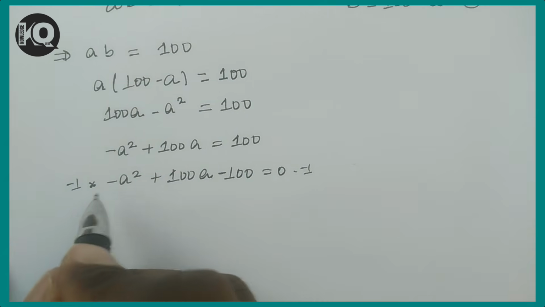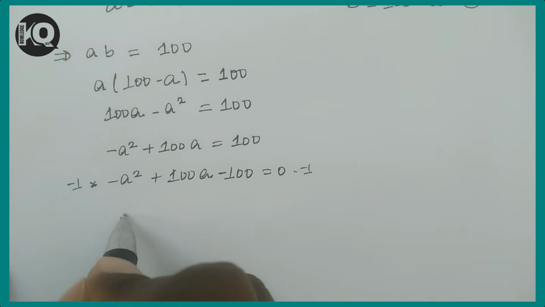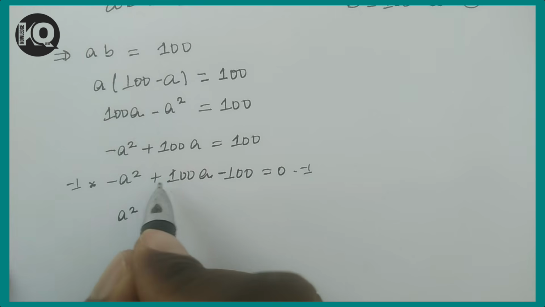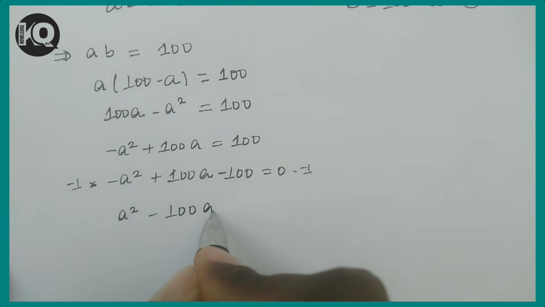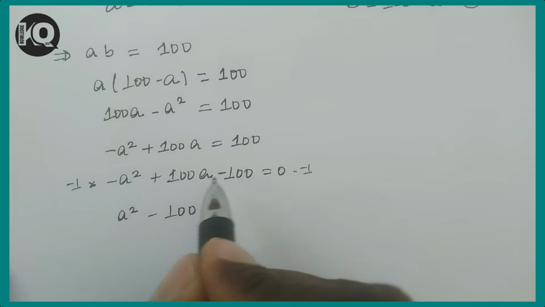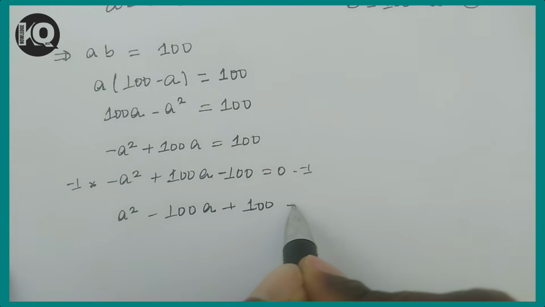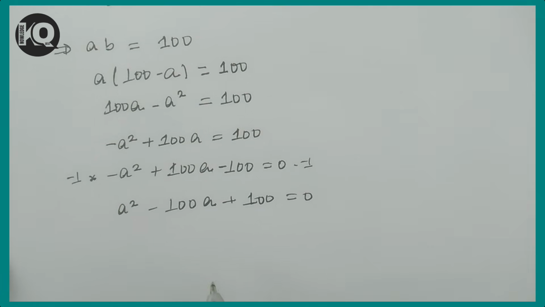Minus 1 times minus a square will be a square, minus 1 times this term will be minus 100 times a, and minus times minus will be plus 100, which is equal to 0.